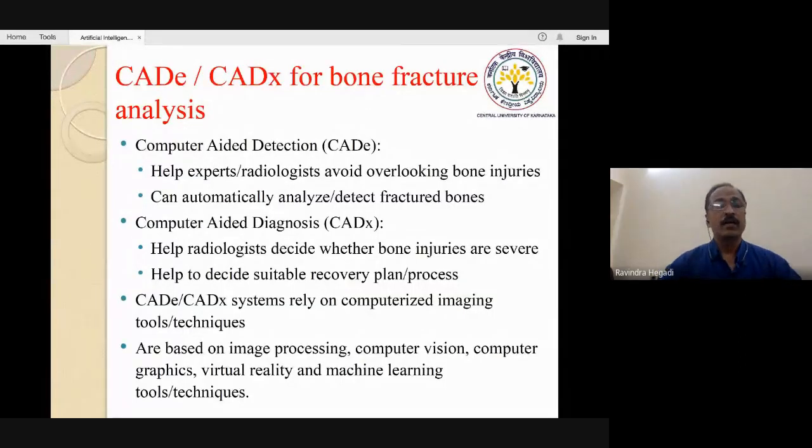So then what is CAD-E and CAD-X bone fracture analysis? Computer-aided detection and computer-aided diagnosis. What is this basically?